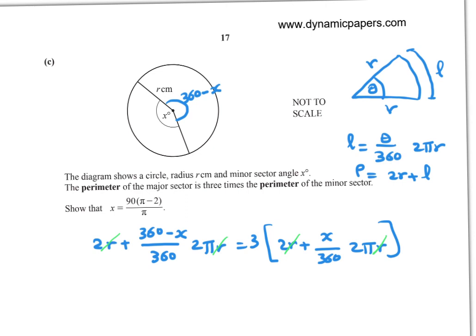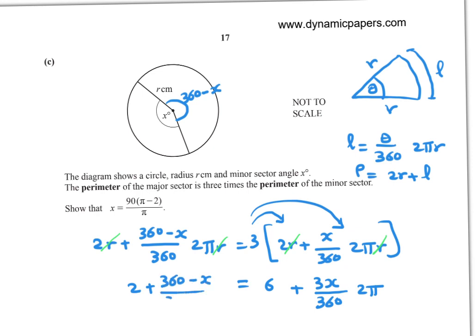And we can expand this one. So 3 multiplied by 2 equals 6, and 3 times x equals 3x. So 3x over 360 times 2 pi equals 2 plus 360 minus x over 360 times 2 pi.